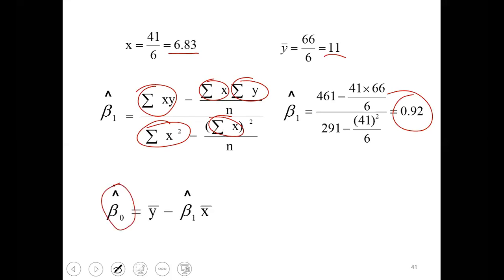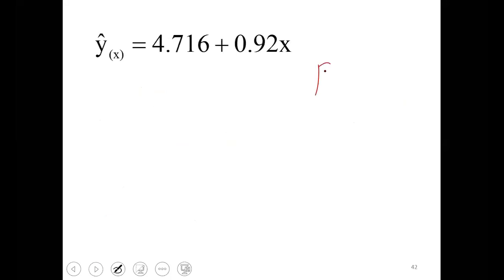Beta naught we can calculate as y bar minus beta 1 into x bar. So beta naught is 4.714. Beta 1 is equal to 0.9.